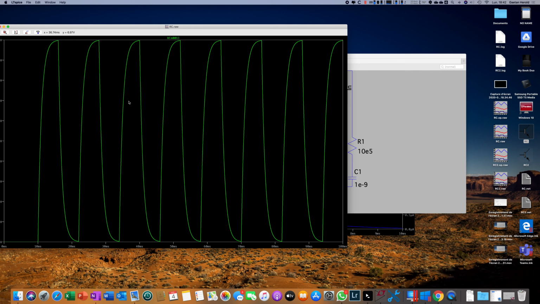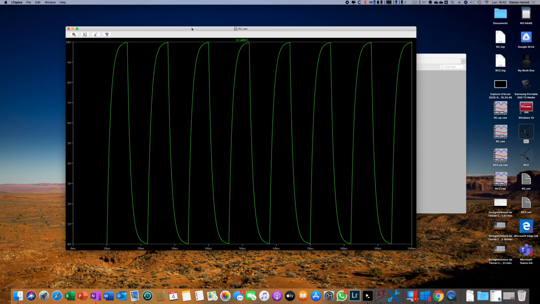Here we see clearly the exponential shape and the voltage which arrives almost to 10 volts and 0 volts. So we are arriving at the end of this video.